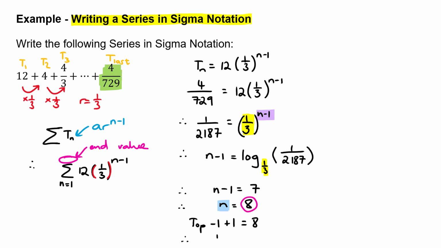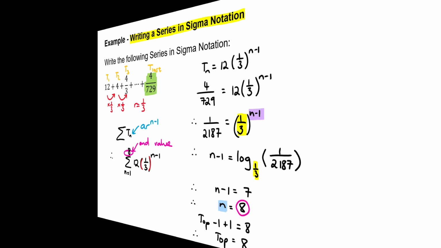And so we get that the top number in this case is in fact 8. So just be very careful with it, that this top minus bottom plus 1 always needs to be used to check that you're adding up the correct number of terms. And that means that on the top there, we will have the number 8.